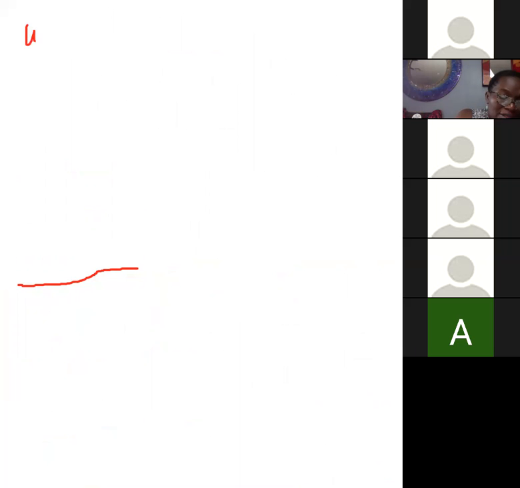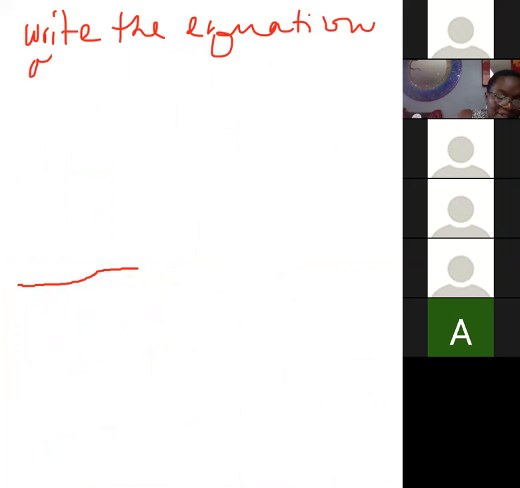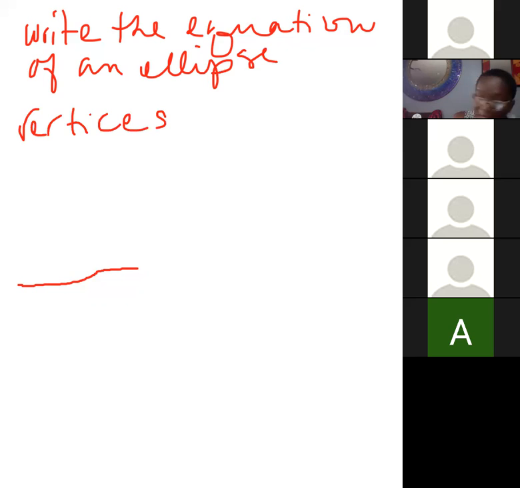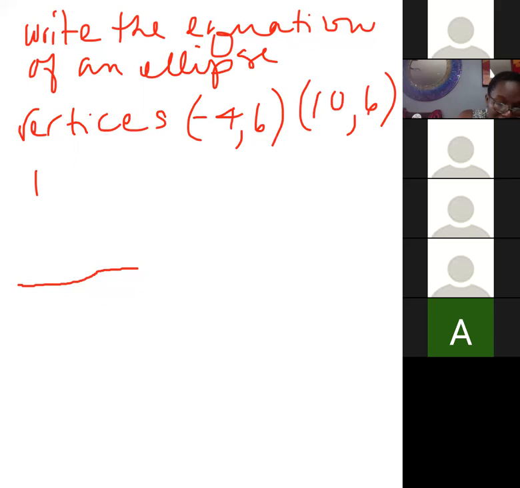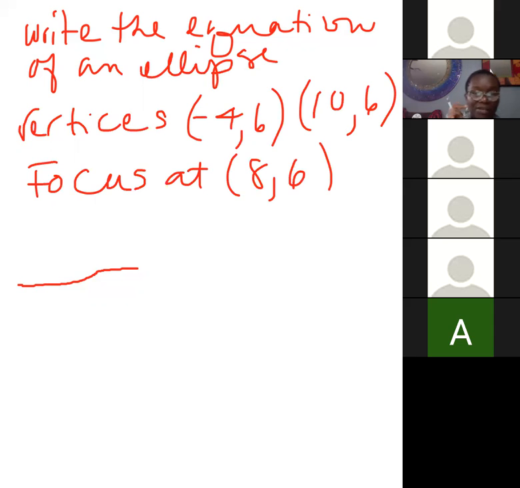They want you to write the equation of an ellipse, and you are given that the vertices are located at -4, 6, 10, 6, and you have the focus at, notice I'm saying focus, not foci, 8, 6, because they're only giving you 1 in the problem.